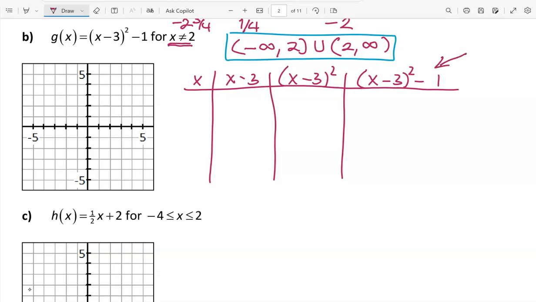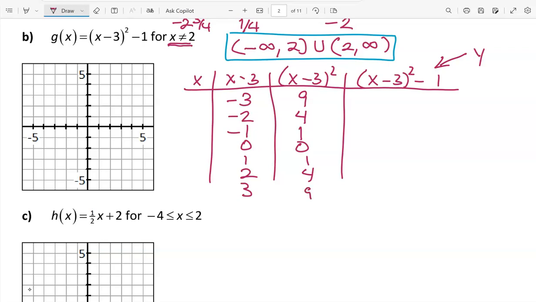And that last column will give us our y values. And the easiest numbers to fill in here are the numbers and their squares. So, for instance, negative 3 and 9, negative 2 and 4, negative 1 and 1, 0 and 0, 1 and 1, 2 and 4, 3 and 9.